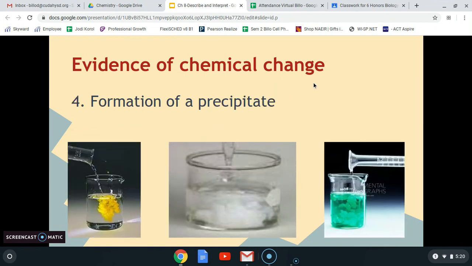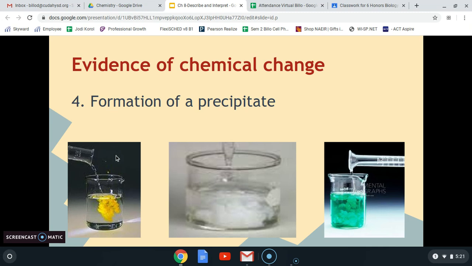And then the last one would be the formation of an insoluble salt. This is going to become important later on to determine whether or not a reaction actually happens when we get into something called a double replacement reaction. When you mix two clear solutions here, on the far left, you're going to see a solution of lead nitrate mixed with sodium chromate. Now, we don't do this one actually in the lab because lead is toxic and so is chromium.